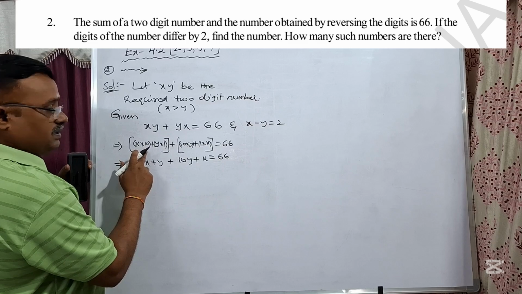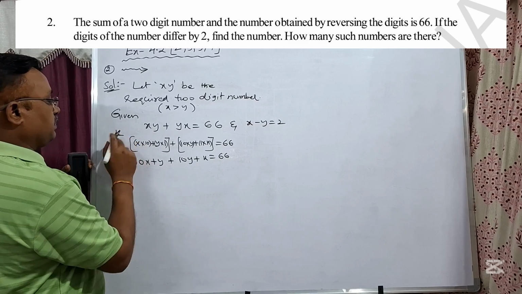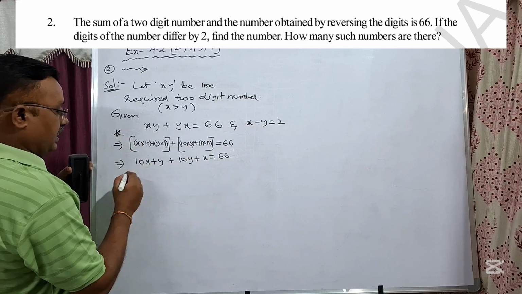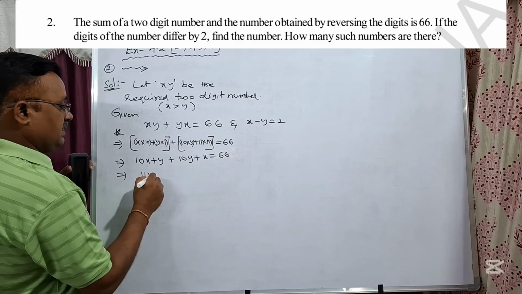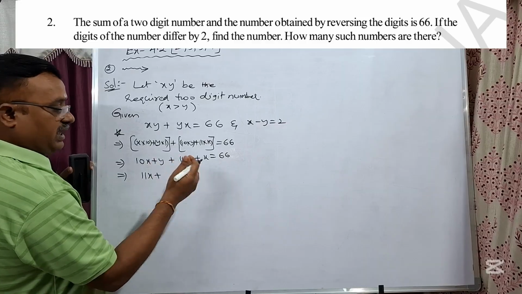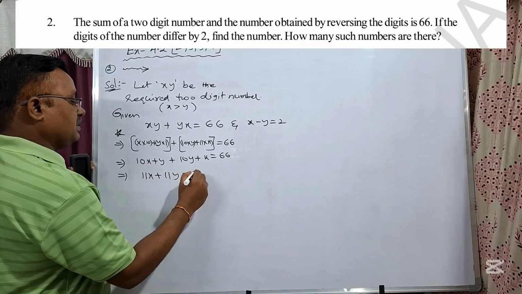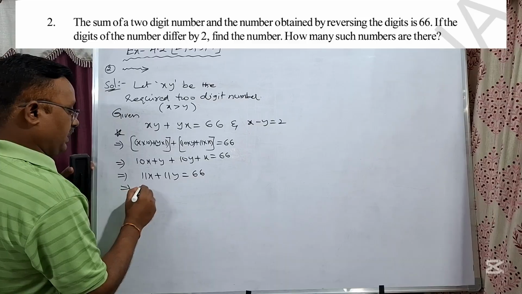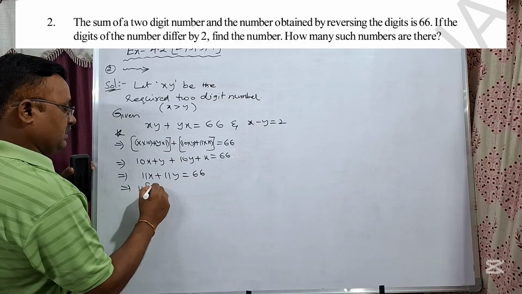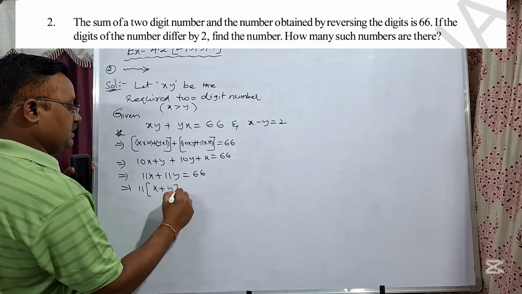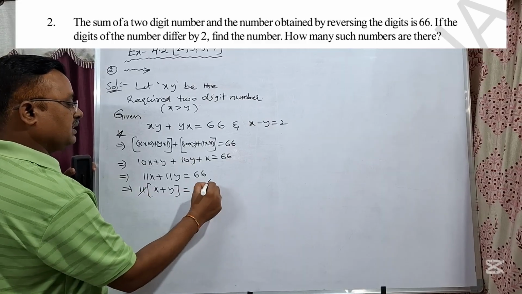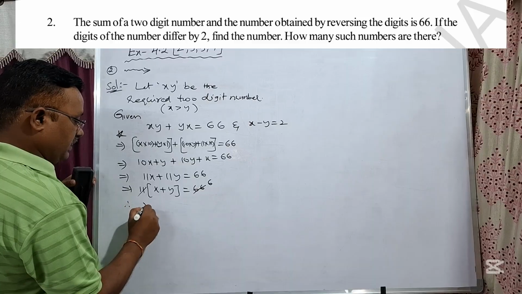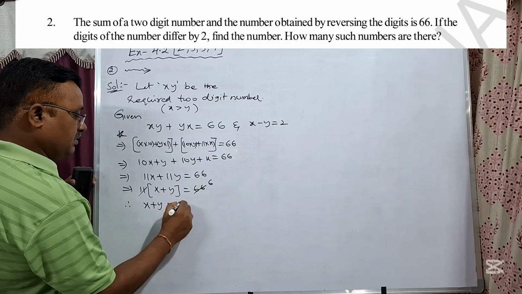This is the important step. Remembering this point is very important. This implies 10x plus x is 11x, plus y plus 10y, like terms, 11y, is equal to 66. Take 11 common, then it is x plus y into 11 equals 66. So 11 times 6 gets cancelled; therefore finally we got x plus y equal to 6.